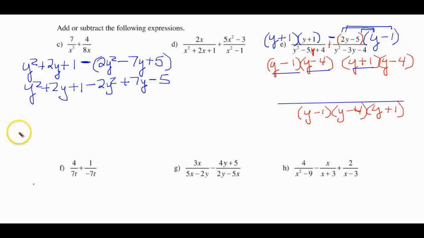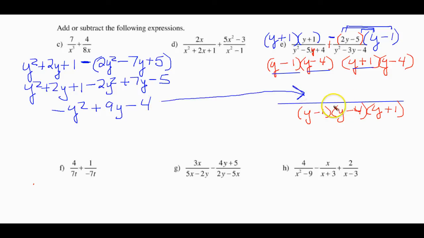Now we're going to group like terms. So we get a negative y squared, a 2y and a 7y is a positive 9y, a positive 1 and a negative 5, negative 4, all over our common denominator.